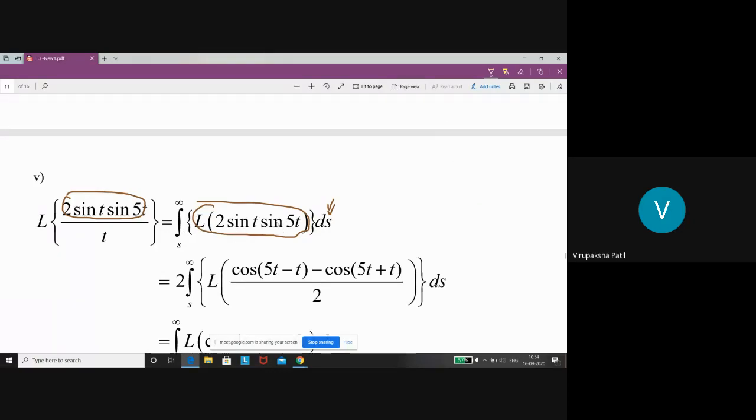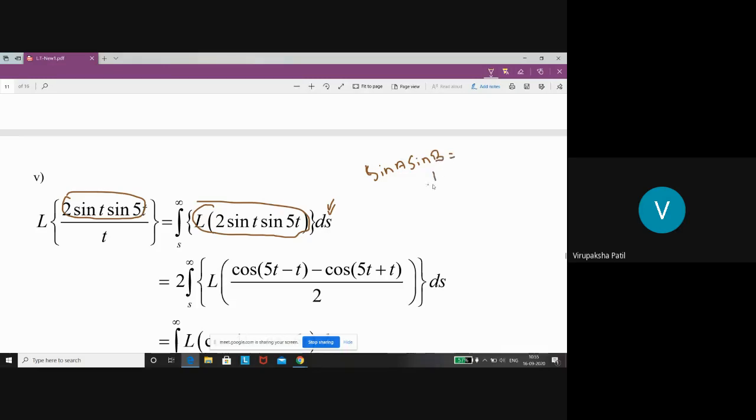For that purpose, what we need to do? We need to reduce this to the sum or difference of two functions, so that we can use the Laplace transform operator directly. I have taken this term common because you are familiar with one of the standard results, product to sum, that is sin A into sin B. If both are sine, your answer will come in terms of cos.